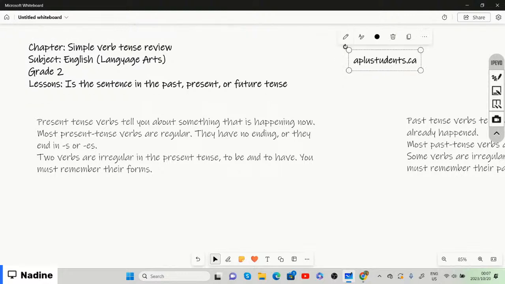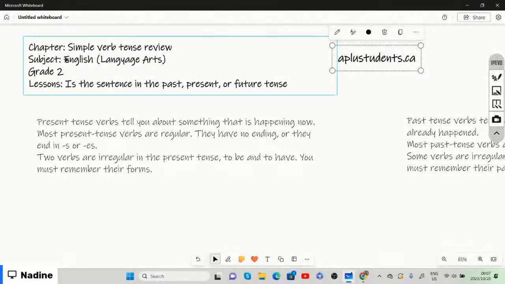And we are doing our lesson on aplusstudents.ca. If you want to go back, recap, and go over the lesson again, you can do so on aplusstudents.ca, where we have our chapter, subject, grade 2, as well as the lessons that we are focusing on today.